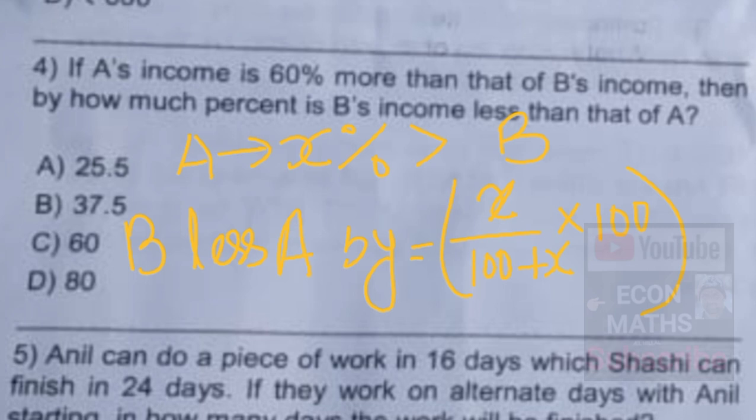And similarly, if A's income is X% less than B's income, then B's income would be more than A's by X divided by 100 minus X. So they are reciprocals of each other. We just have to change the sign and we will get the answer, if A's income is less than the income of B.